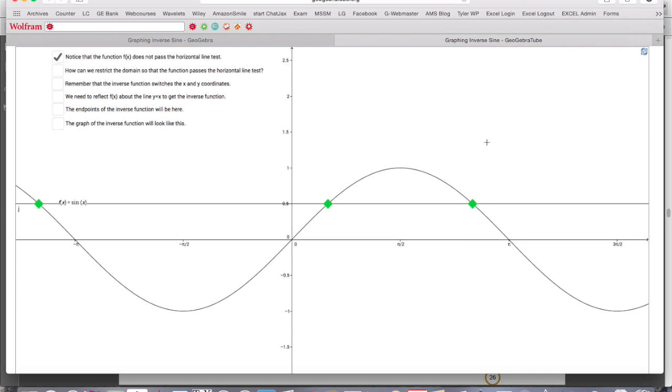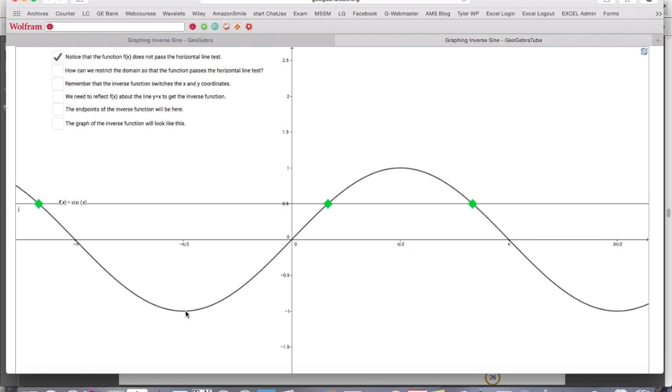But we can do a domain restriction like we did in the case of y equals x squared. And notice that if we do that, we want to restrict that domain, and usually we want 0 in that restricted domain, so that our graph passes the horizontal line test.